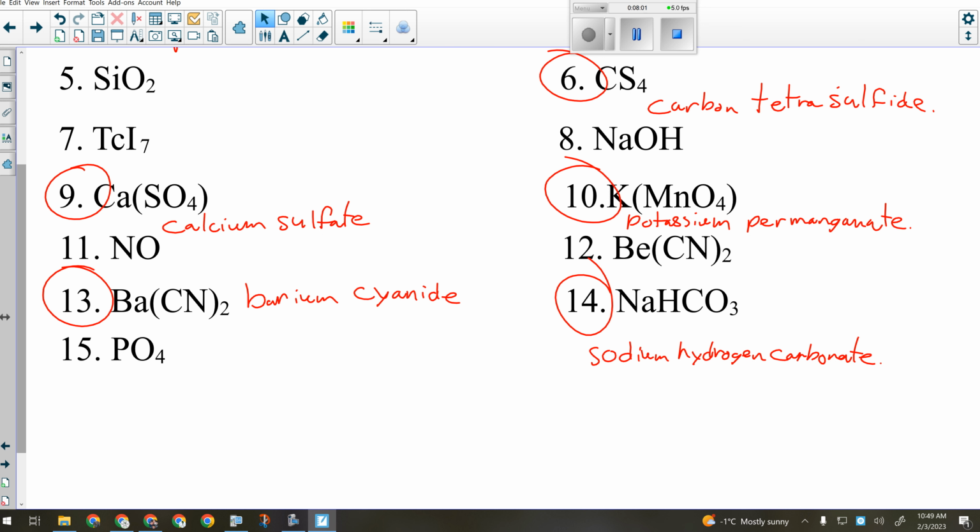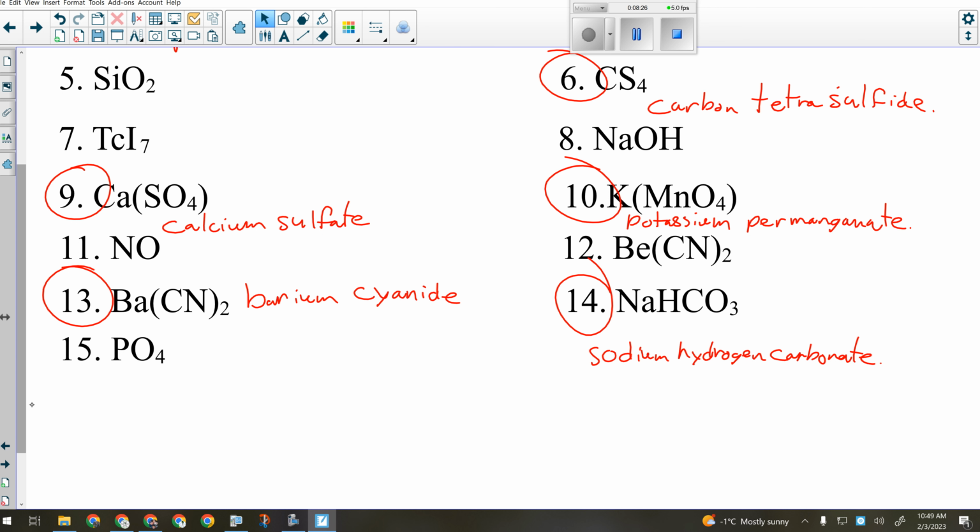For number 13, what did you put the 2 outside the bracket? Nothing. Because it's an ionic compound, it doesn't affect our name because we don't use any prefixes. Okay, so sodium hydrogen carbonate, what is that commonly known as? It's baking soda. That's sodium hydrogen carbonate, or sodium bicarbonate.